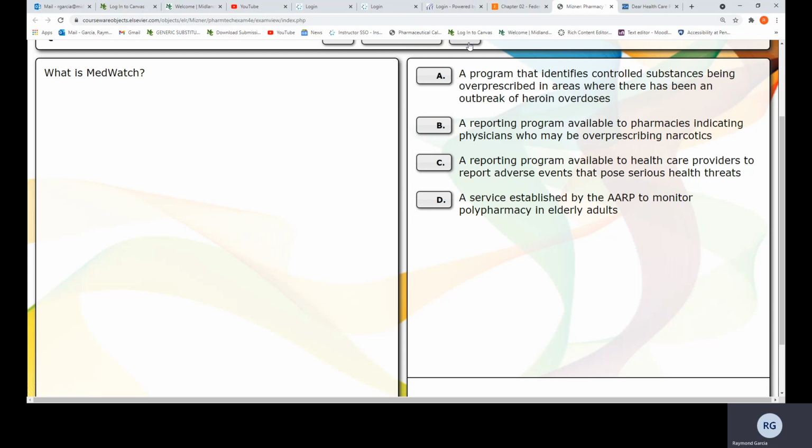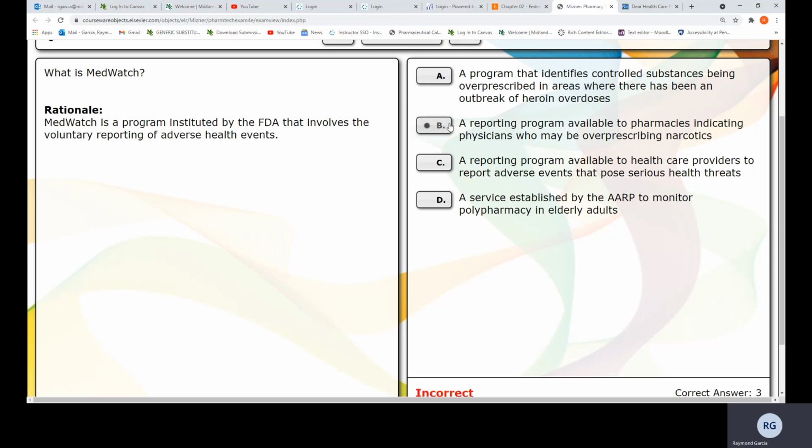I tell you, it's not D or C. B? Well, to me, I thought it was only pertaining to pharmacies.